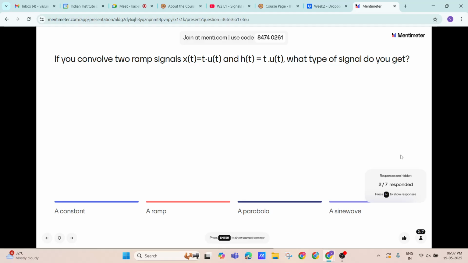There will be a timer. You should respond before that. Now it is taking time. Respond quickly.